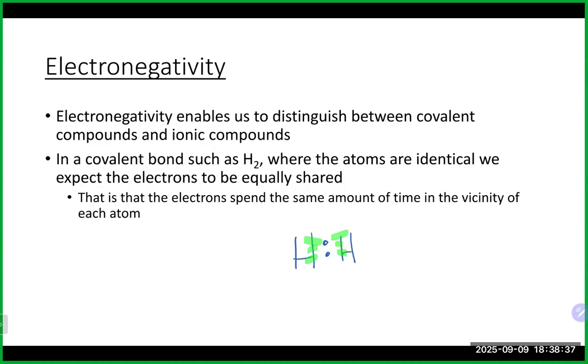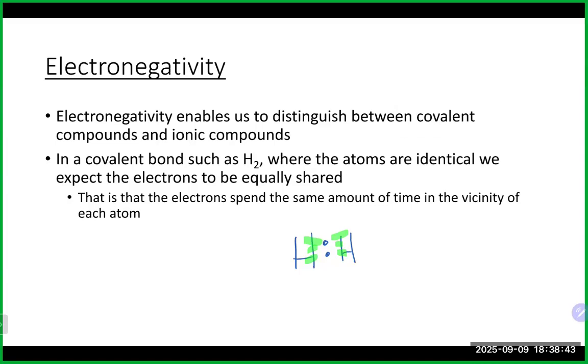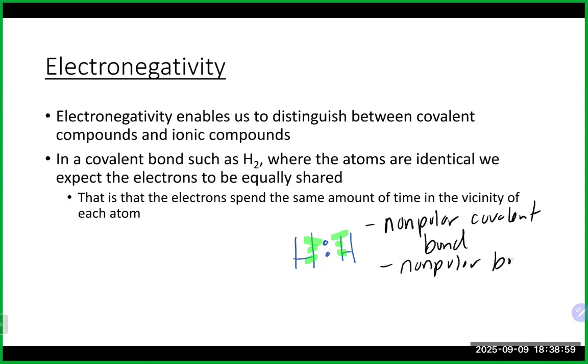And this type of bond, where we have electrons being shared equally, is a special type of bond. It's referred to as a nonpolar covalent bond, and most people will just call it a nonpolar bond.